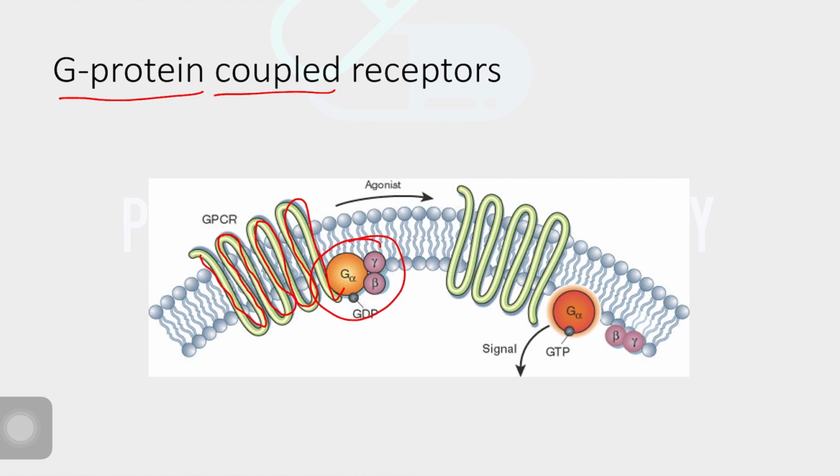This is a transmembrane receptor, situated in the membrane and associated with G protein. G protein has 3 different subunits, alpha, beta and gamma, and it is associated with GDP. So this is the state of G protein coupled receptors.